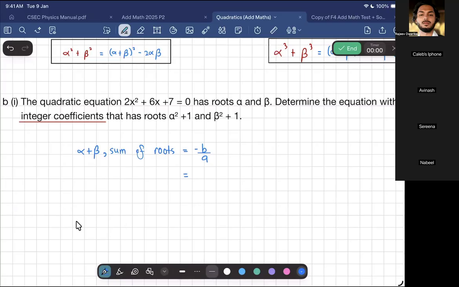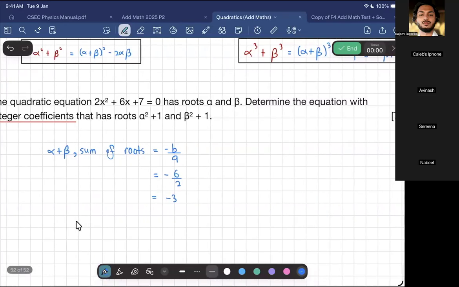Do you know what to do next? Talk to me. Put the numbers in the equation. Yep. What is B and what is A? B is 6 and A is 2. So the sum of the roots is? Minus 3. Great.